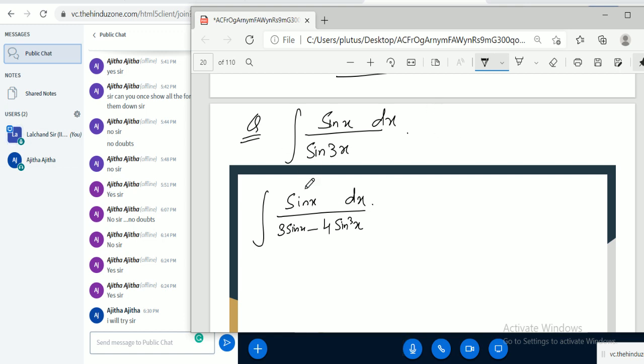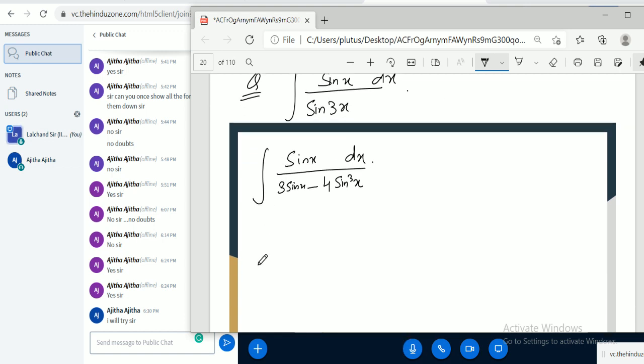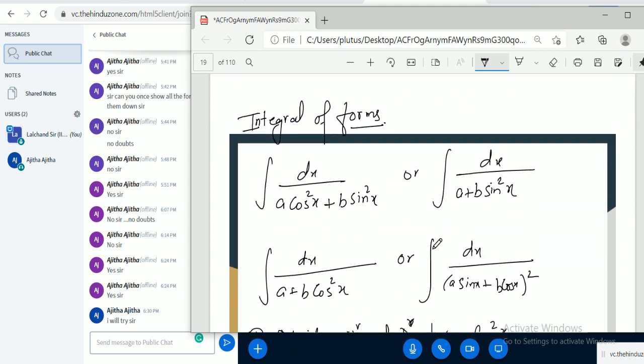So if we take sin x as common, then sin x will be cancelled from the numerator. Then this will be dx over 3 minus 4 sin square x, isn't it? So now this is basically this kind of form.